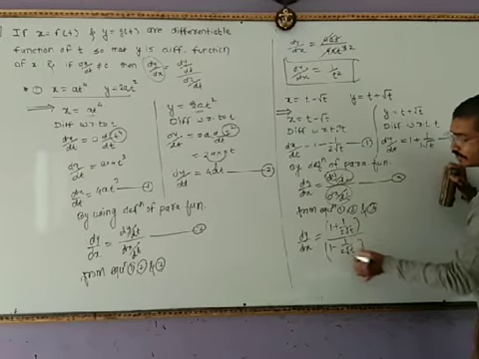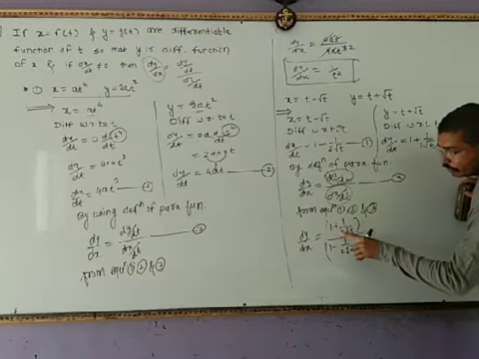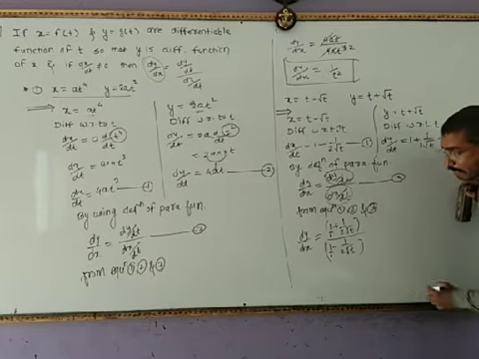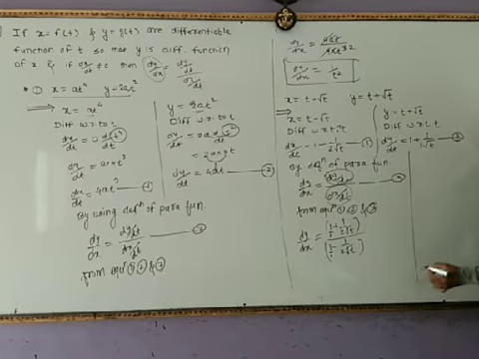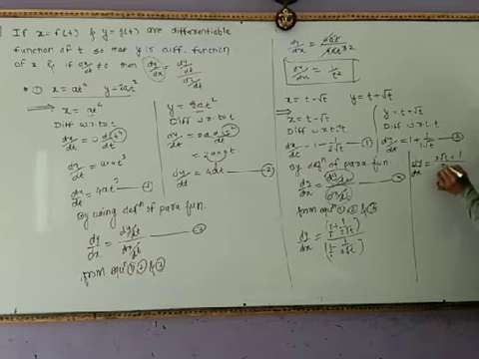Make it cross multiply. Do we have the same denominator? No. Okay, then if we cross multiply, dy by dx is equal to 2 root t plus 1 upon 2 root t upon 2 root t minus 1 upon 2 times root t. So this 2 root t cancels, right.